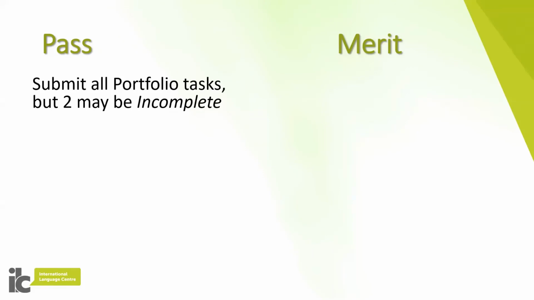Well, you will need to submit all portfolio tasks. Again, for CELT-S, these are 8 portfolio tasks. For CELT-P, these are 9 portfolio tasks. You upload all of them onto the platform, but 2 of these portfolio tasks may be graded as incomplete.